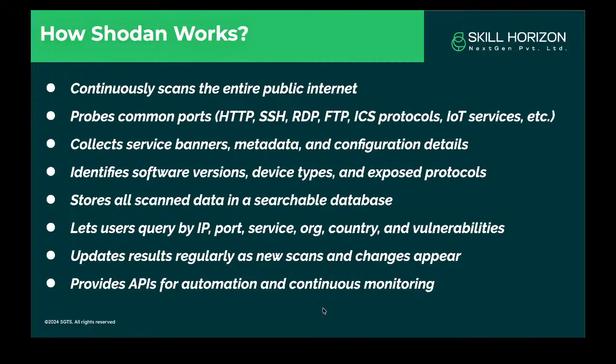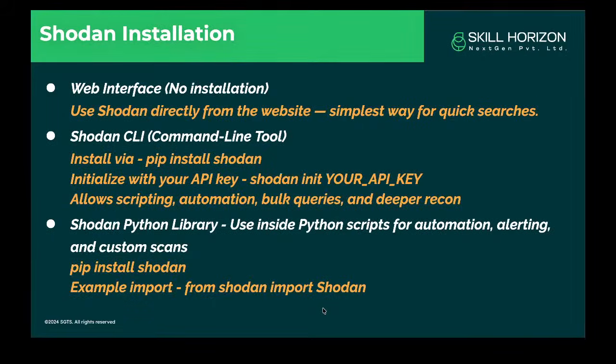So let's first install Shodan in our system. If you are not using the GUI version, you want to use the CLI version. In my scenario, the GUI version is better. But if you want to use the CLI version in your Linux based distro, then you can use it, right? So how can you install Shodan in your system?